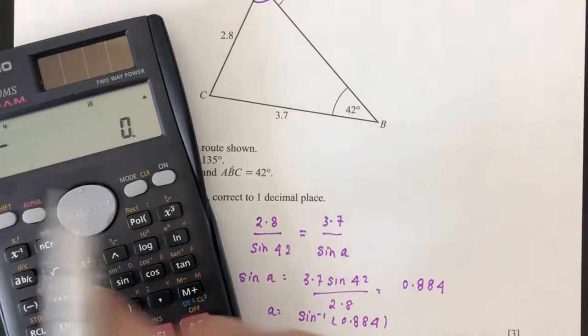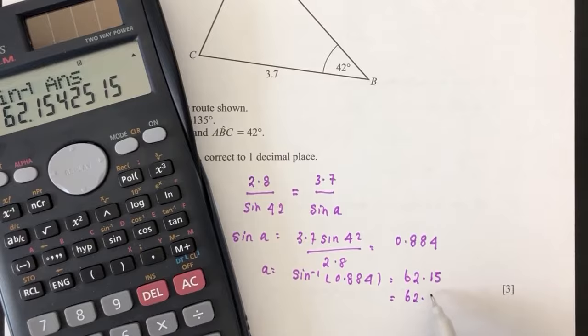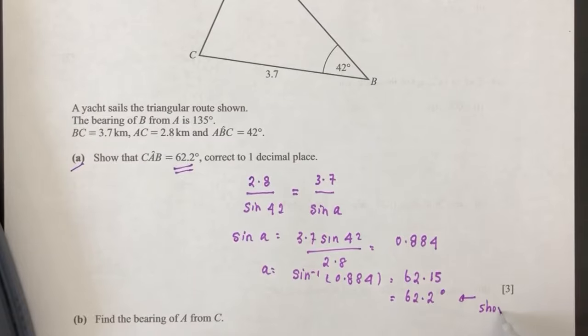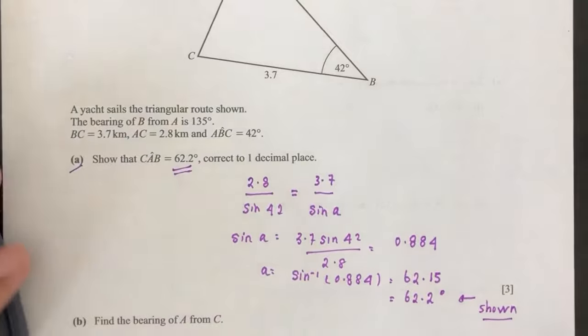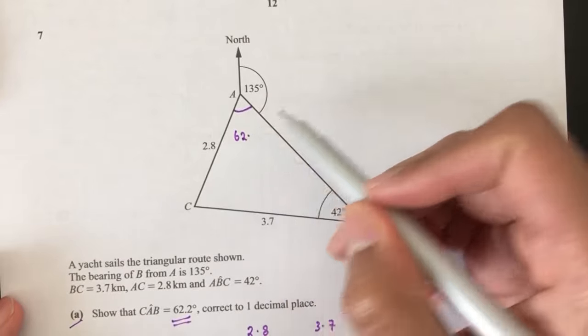So let's find out. Sine inverse of the answer will be 62.15. So to one decimal place, it will be 62.2 degrees. It is the same as this, so you say shown as above. Okay, so this angle here will be 62.2.